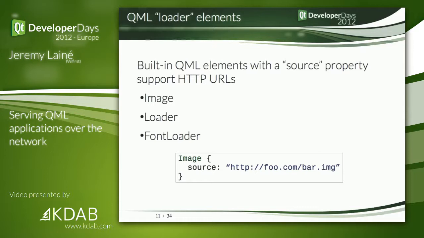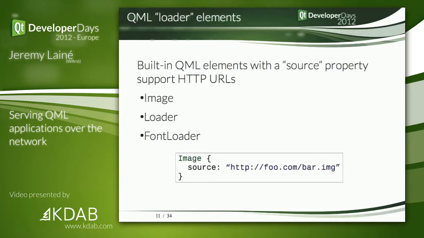The QML elements I'm thinking of are Image, just for displaying an image, Loader, which is for loading a QML component, or FontLoader for loading fonts. I'll come back to FontLoader a bit later on because there are a number of quite cool use cases for using a FontLoader.